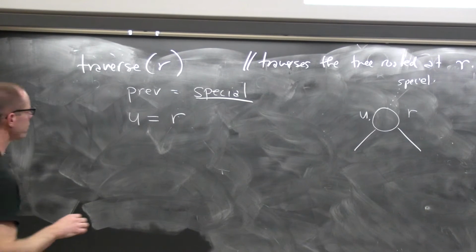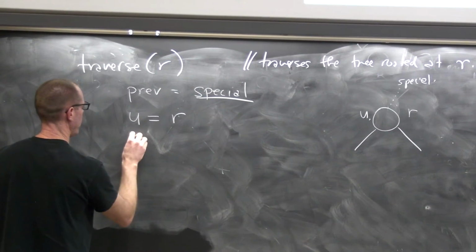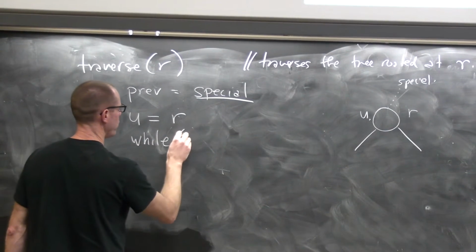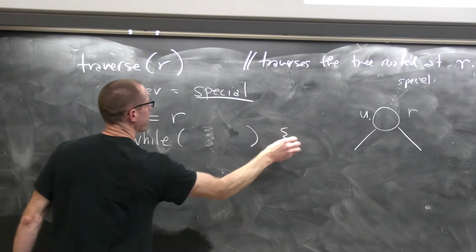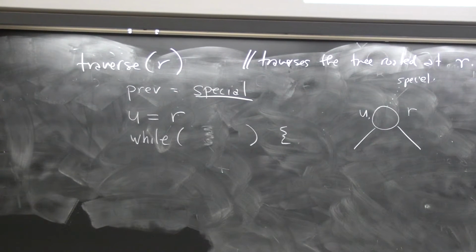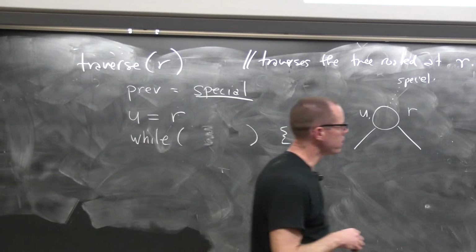Okay. So now we will say, while some condition is true, don't know what it is yet, we'll have to figure that out. We're going to figure out what to do next. Okay? So there's three cases.